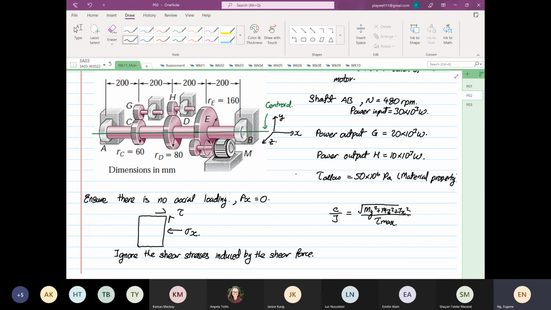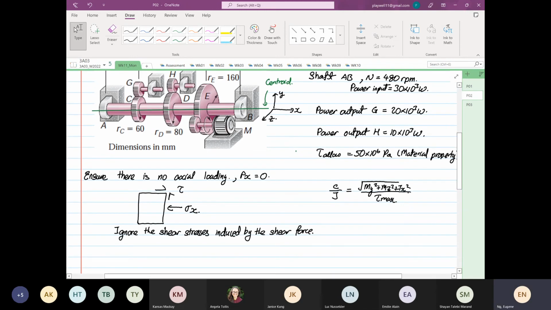The next thing that is complicated is this. So I'm going to write number one: the design or analysis or force analysis procedure. We are going to do the force analysis procedure.